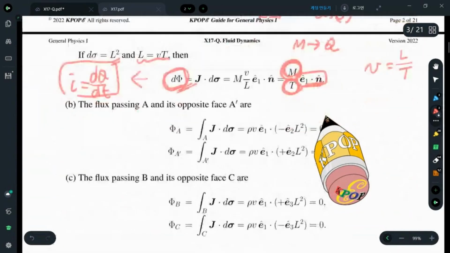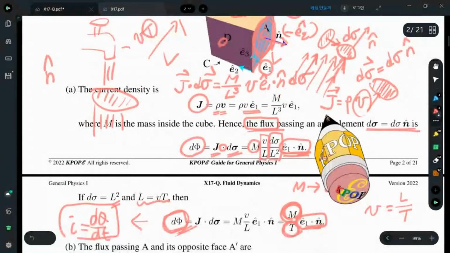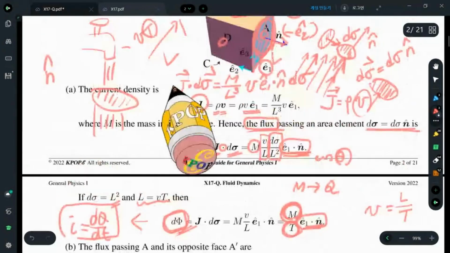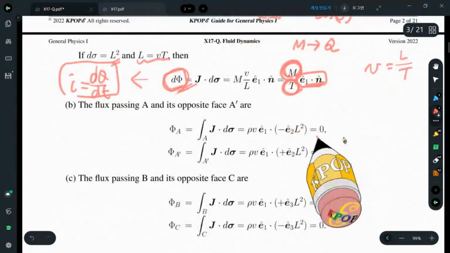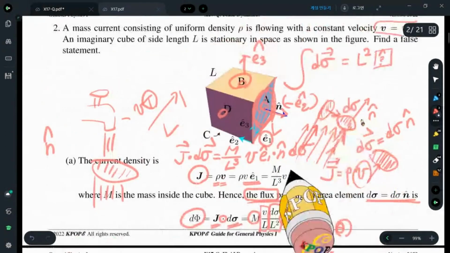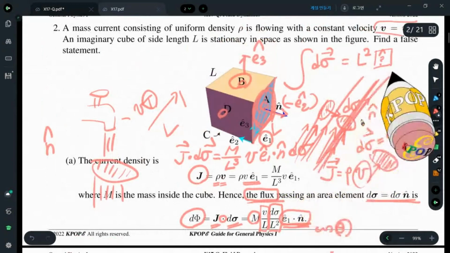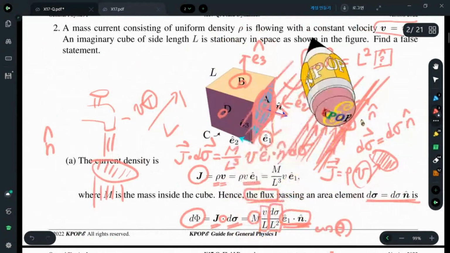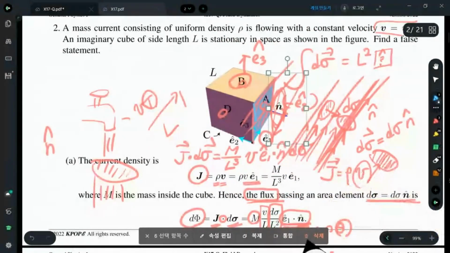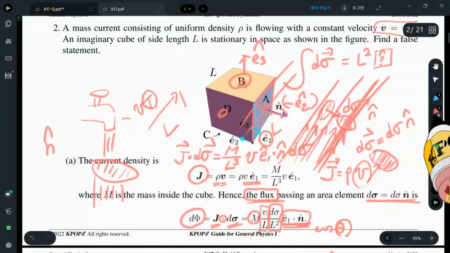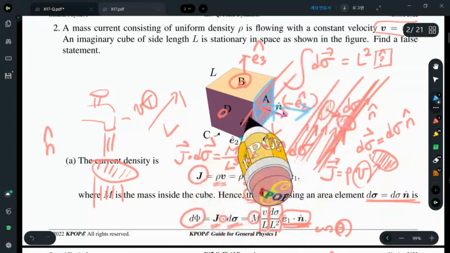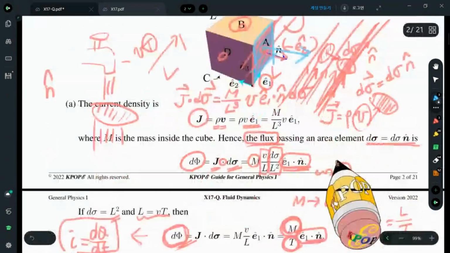So it took a long time to describe this very simple problem, but from now on it's very trivial. Why are they zero? Because the flow is along this E1 direction, but along the E1 direction, this area A is perpendicular to this J, so flux should be zero.